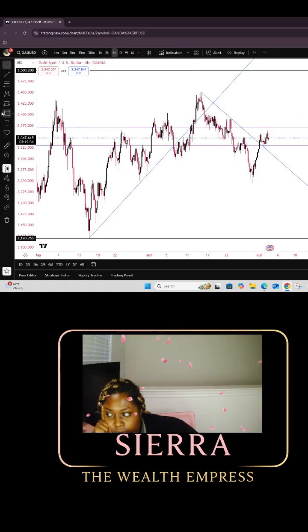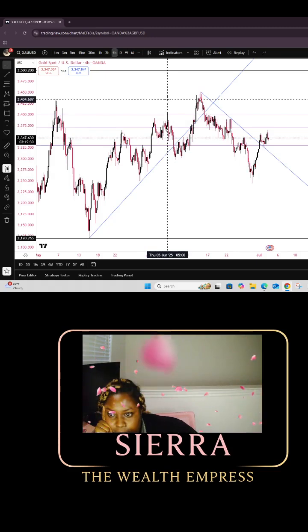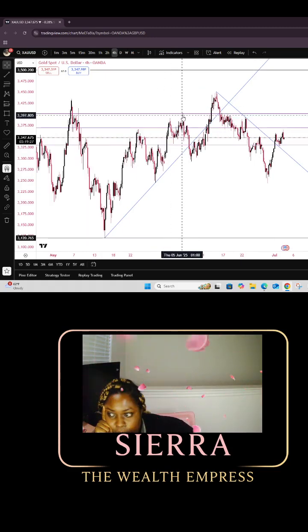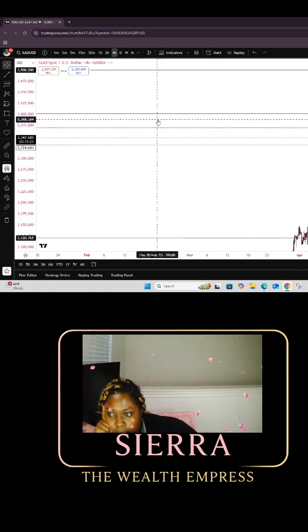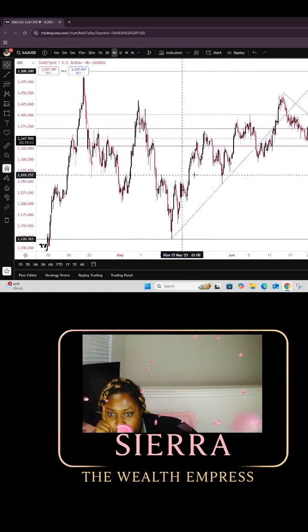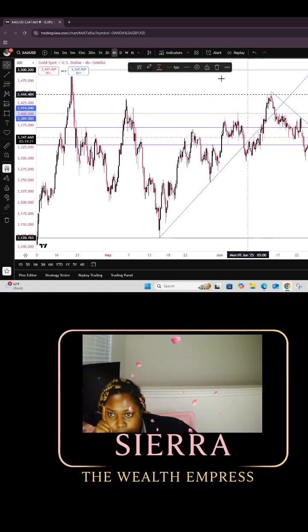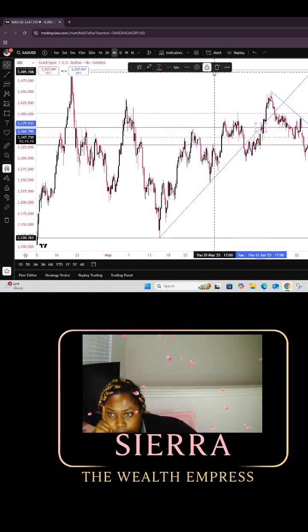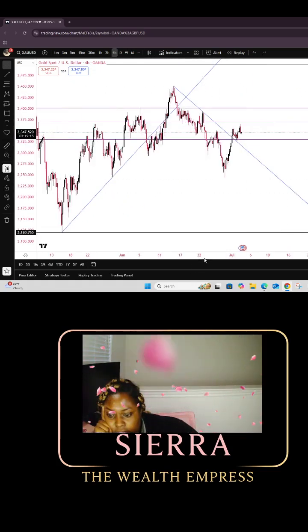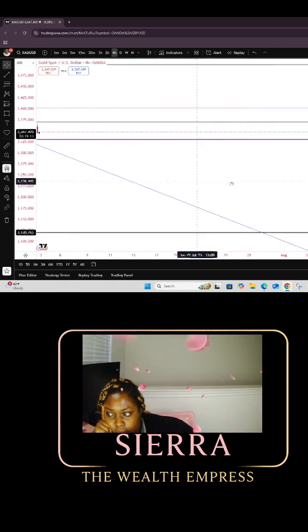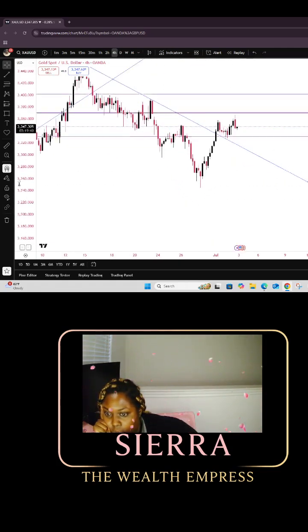I'm going to go with the bigger fair value gap, the inversion, okay? And price respected it. There's nothing else over there. All right, so these are my current zones that I'm looking to trade to on gold.